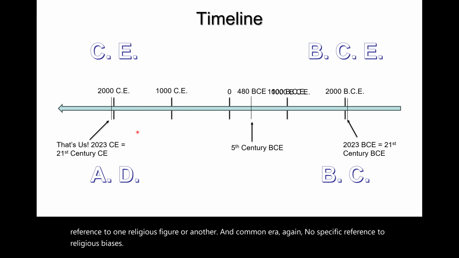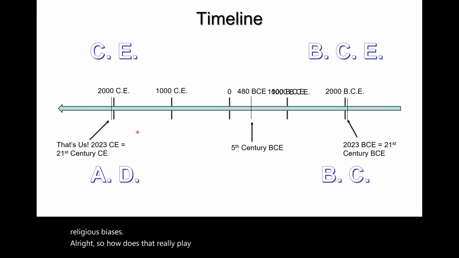Alright, so how does that really play out? Let's take a look at our timeline here. In this timeline, time moves from right to left. Our earliest labeled point in time on our timeline is 2000 BCE.